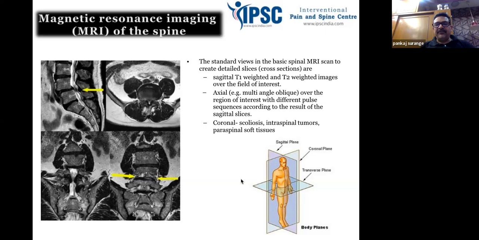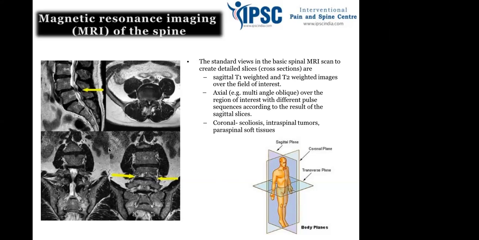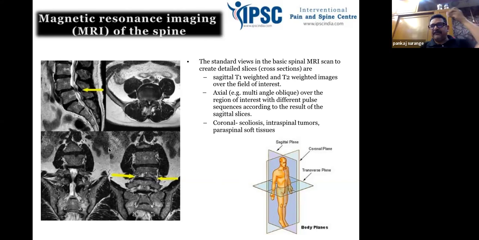Coronal, like the coronal suture, means we take the section from anterior to posterior or posterior to anterior. Sagittal is from the midline towards both sides. Clear? Any doubt in this?